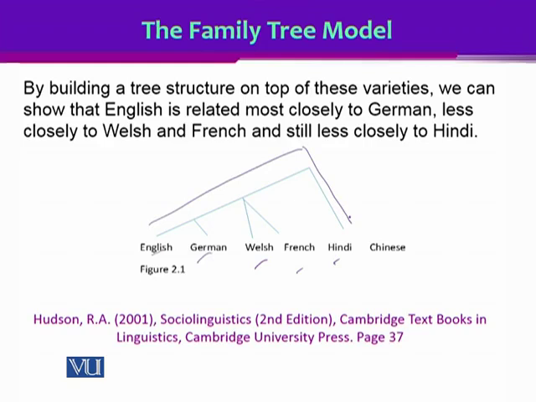Through this we can show that English is related very closely to German. As compared to this, its relationship to Welsh is distant. French is even more remote to English, and Hindi is farthest in relationship. It is quite far away from the English language.